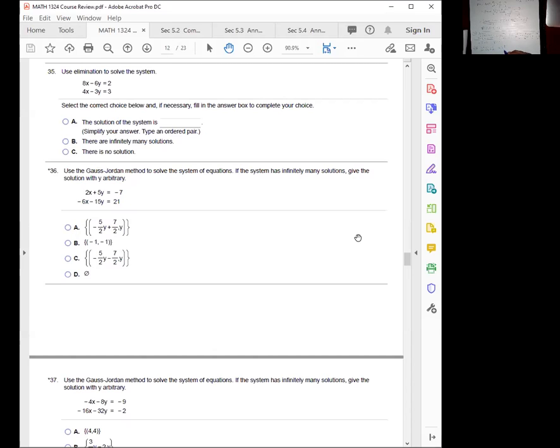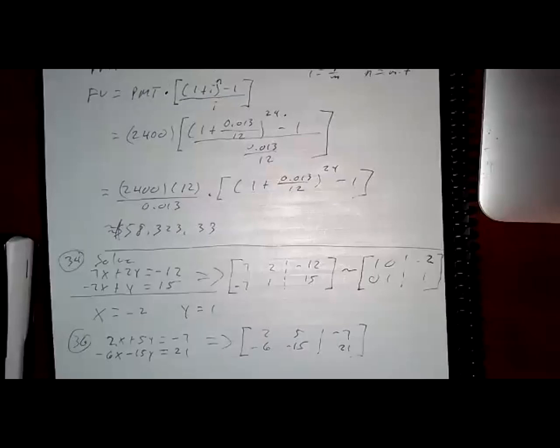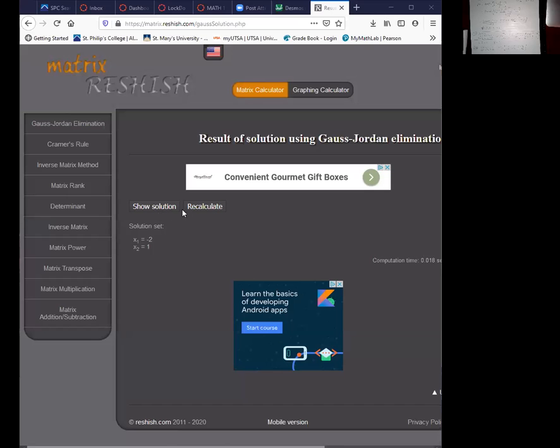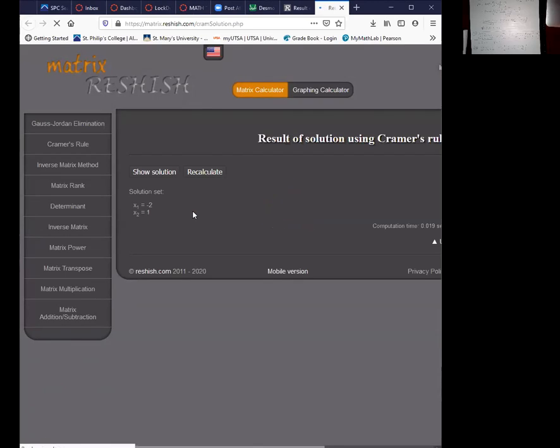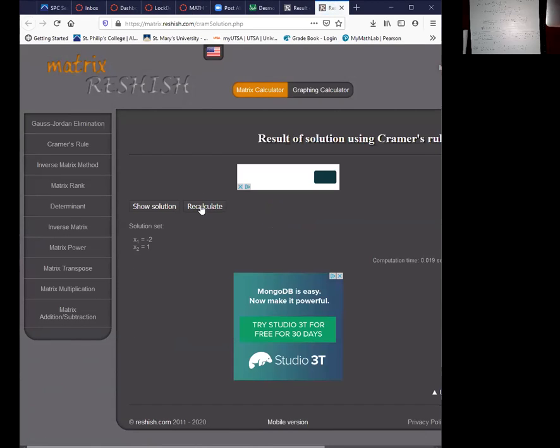So the matrix will be 2, 5, -7, and -6, -15, 21. All right, so let's look at the solver again, see how they present the question anyway. Let's just go back.